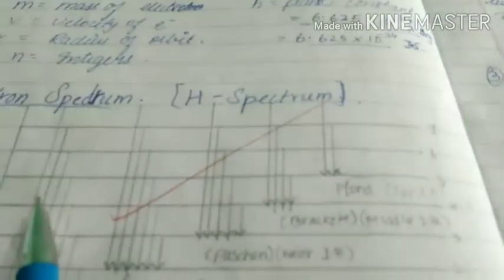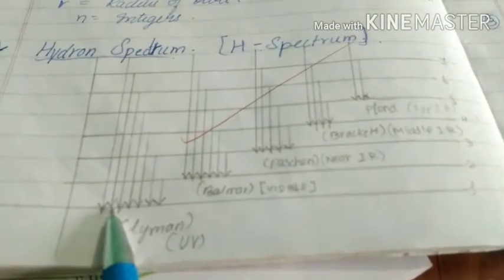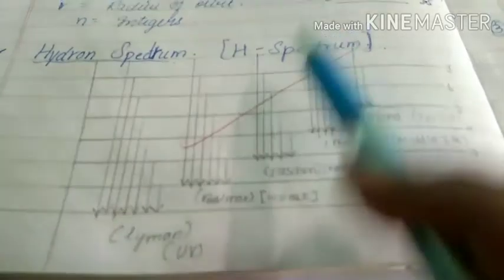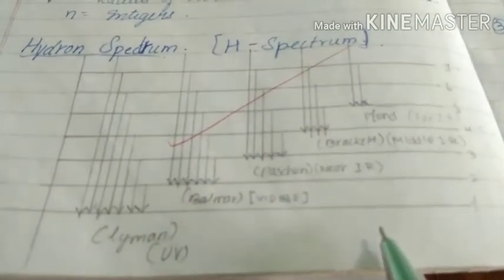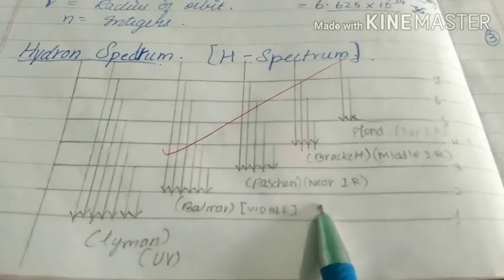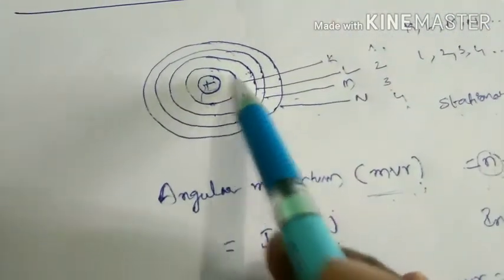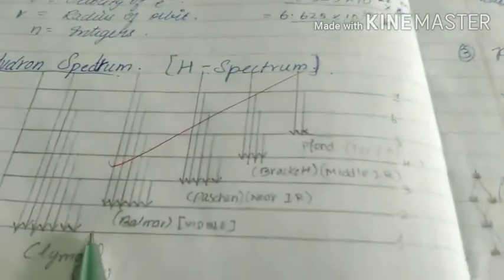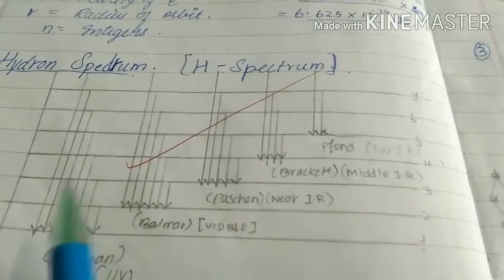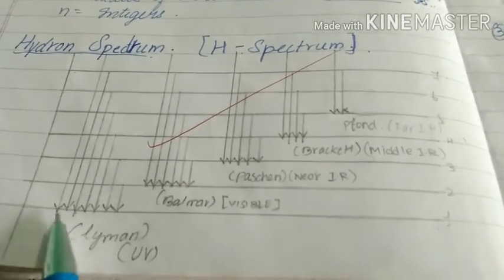See, it is like this. This is the hydrogen spectrum. This is the first orbit, second orbit, third orbit, fourth orbit, fifth, sixth, seventh, eighth, like that. Infinite orbits are there, I told you already. But why have I written the orbits in a horizontal manner? Actually orbits are always circular, like this. But for understanding purposes, we write them in a horizontal manner every time. This is the first orbit. Actually in a hydrogen atom, the electron is present in the first orbit.